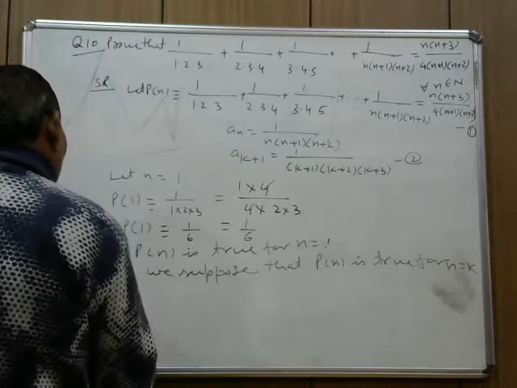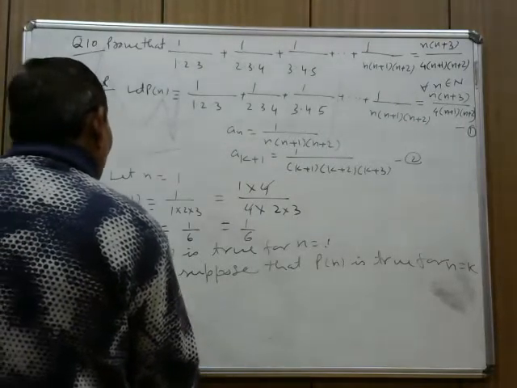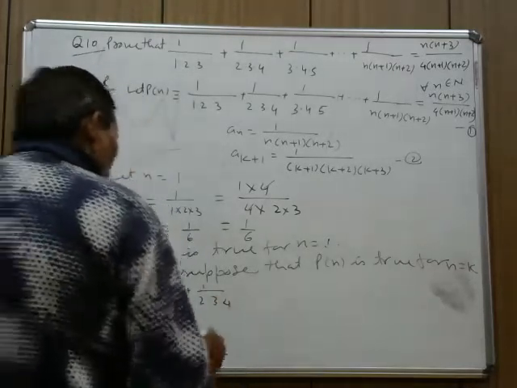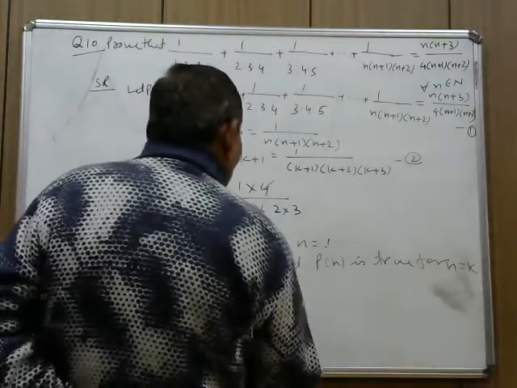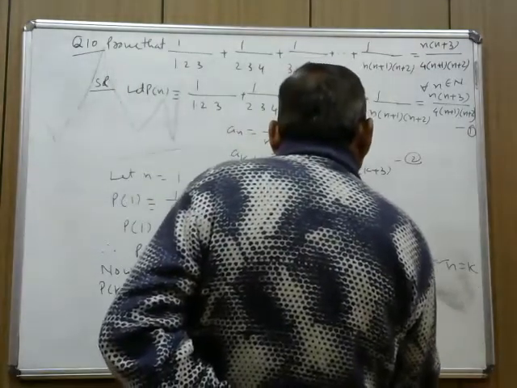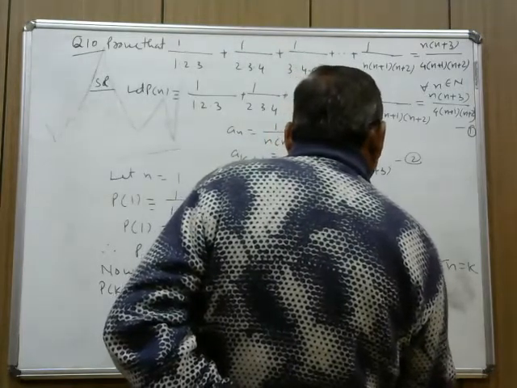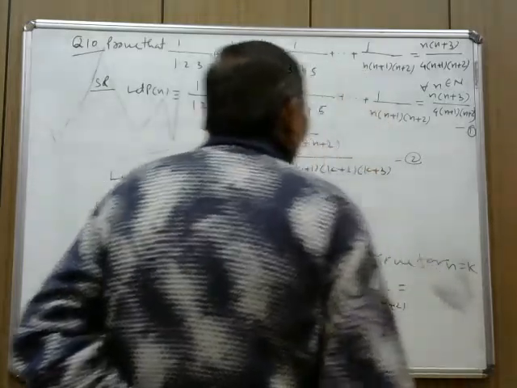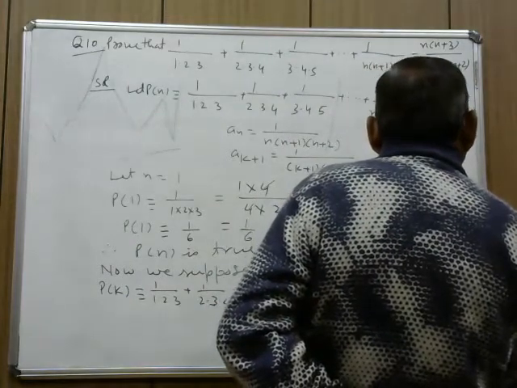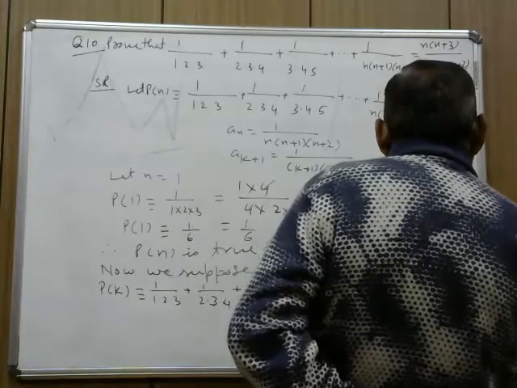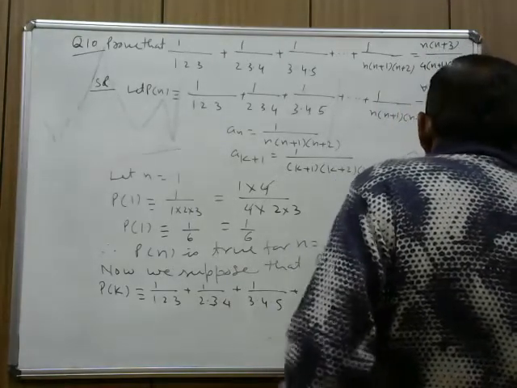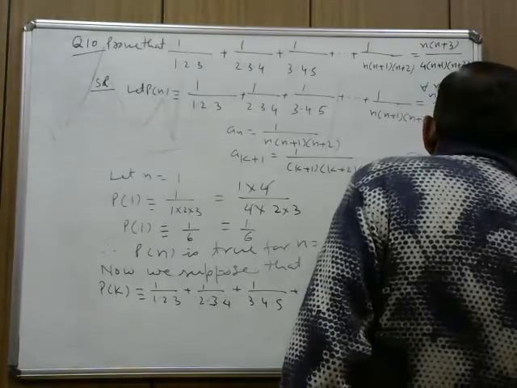Now P k can be written as 1 upon 1 into 2 into 3 plus 1 upon 2 into 3 into 4 plus 1 upon 3 into 4 into 5 plus and so on, plus 1 upon k into k plus 1 into k plus 2, equal to k into k plus 3 upon 4 into k plus 1 into k plus 2.